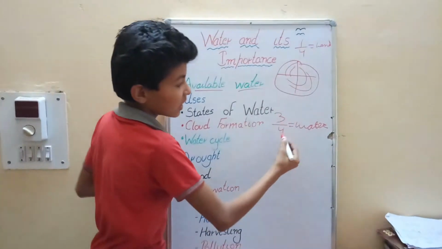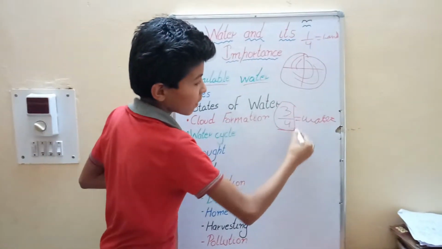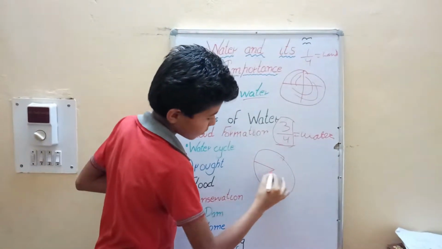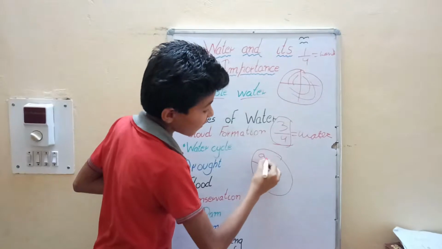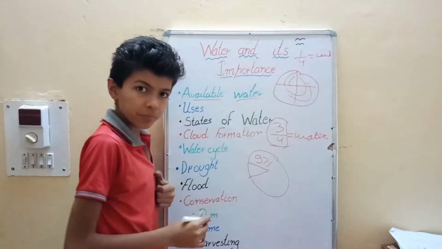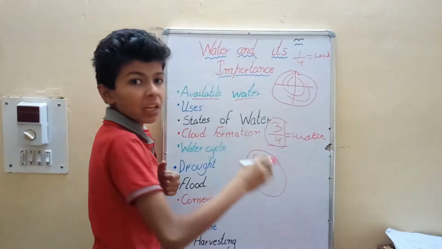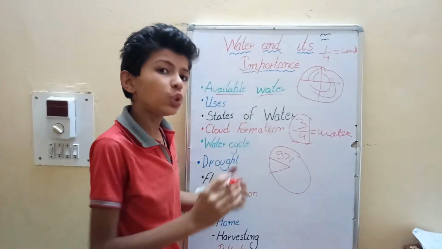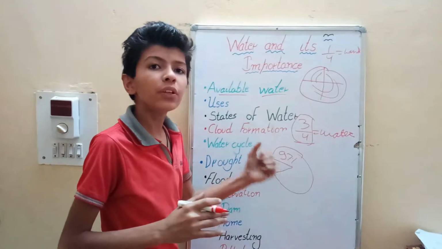Now if I take this 3 upon 4 as 100%, then about 97% is available in the seas and the oceans, which is salty and not usable for human use.